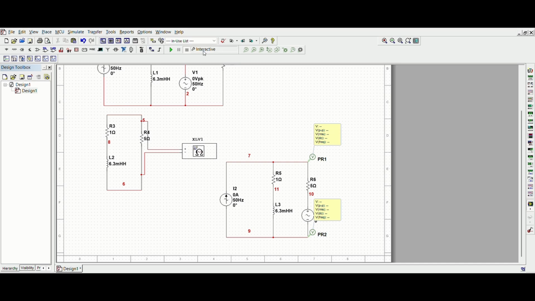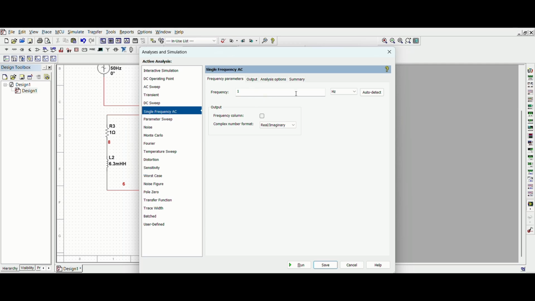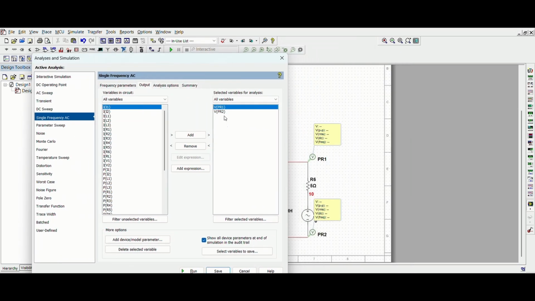Now click on interactive, click on single frequency, set frequency as 50 Hz, and as you see, the output already has VPR1 and VPR2. It means potential at PR1 point and potential at PR2 point.